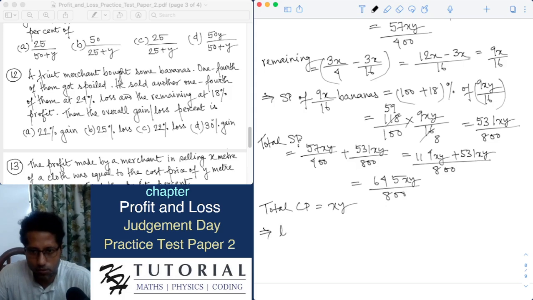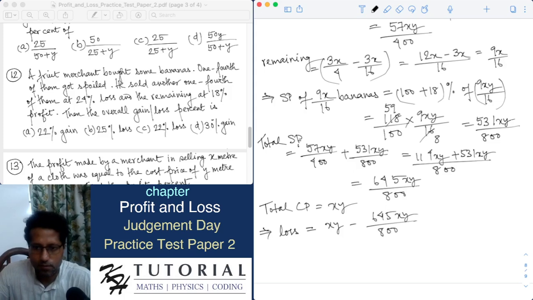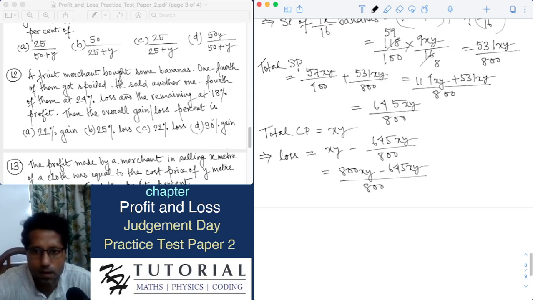So this implies loss equals cost price minus selling price, that is xy minus 645xy divided by 800. This is 800xy minus 645xy divided by 800.